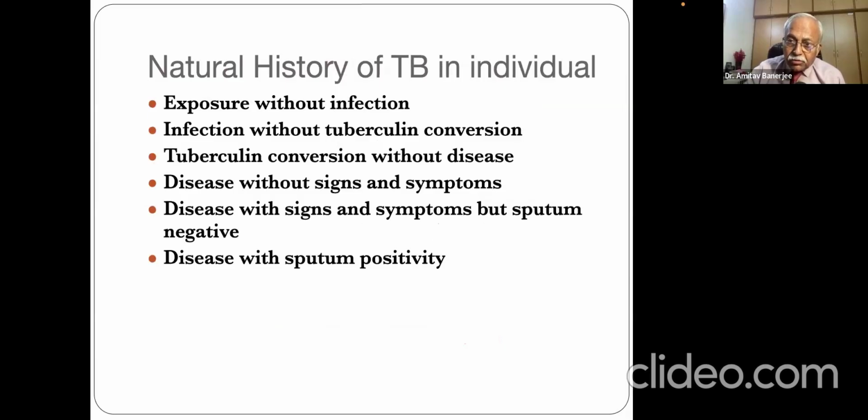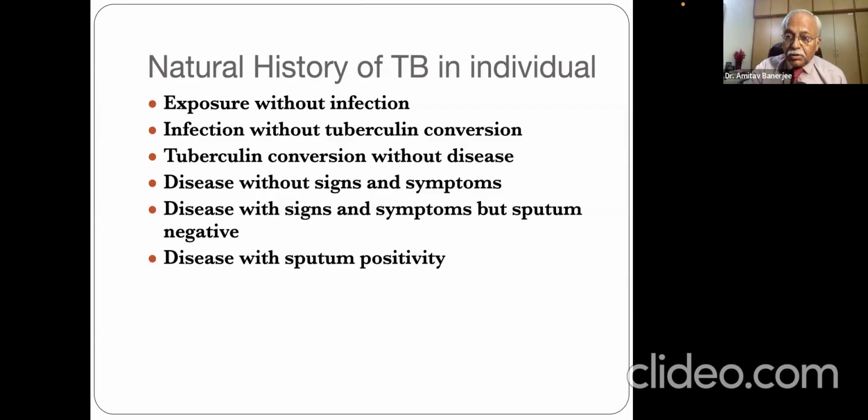Most of you are aware of these aspects of tuberculosis infection. People can be exposed without catching infection because it's a complex disease. The host factors play an equally important role as exposure. Then we can have infection without tuberculin conversion, then tuberculin conversion without disease.